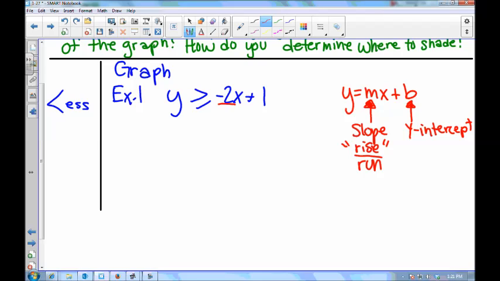No. -2 divided by what number will still keep its value -2? -2 divided by 4, is that -2? 1. If we put a 1 underneath it, dividing by 1 still makes it -2, right? So this is our slope. And this is our y-intercept, or b.